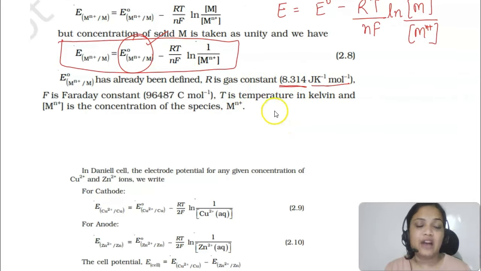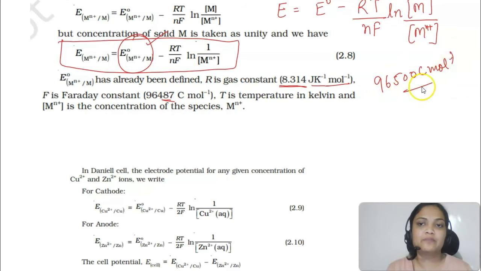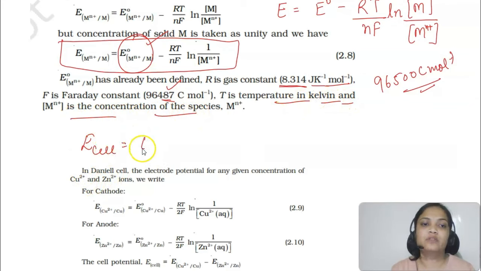F is the Faraday's constant, 96487 coulomb per mole. Sometimes we take it as 96500 coulomb per mole also, but this is the exact value. T will be the temperature in Kelvin and M will be the concentration of the species. So what I am getting is E cell will be equal to E naught cell minus RT upon nF log 1 upon M n positive.